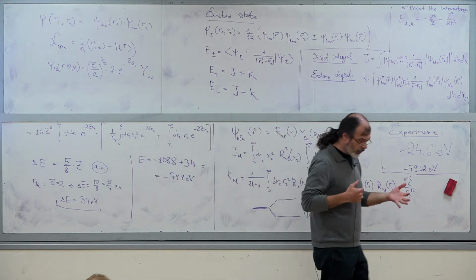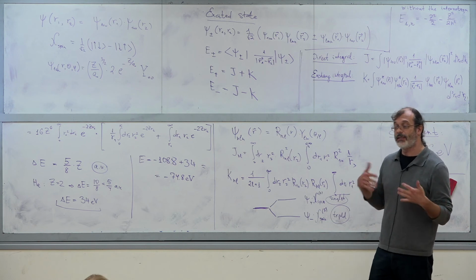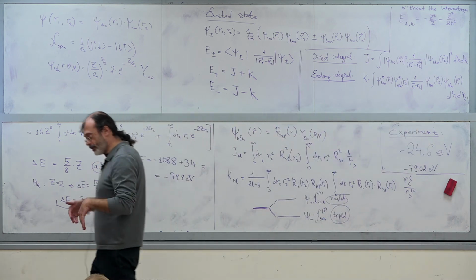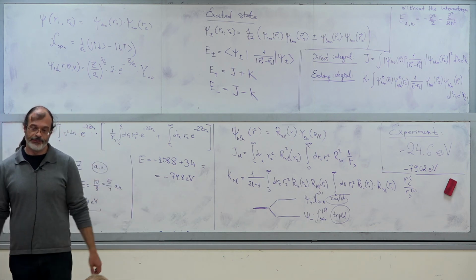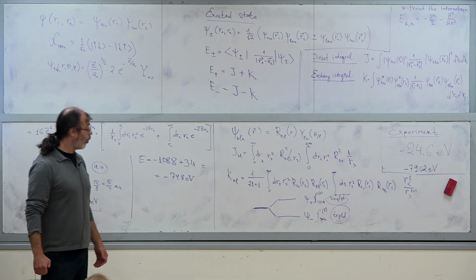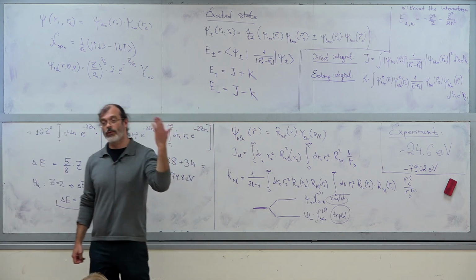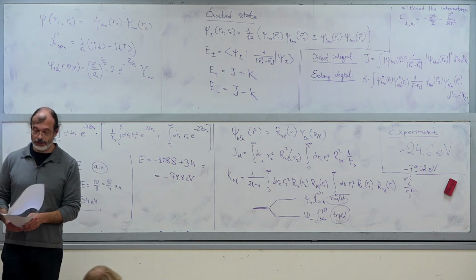One is orthohelium, one is parahelium, and this is the difference between the triplet state and the singlet state. So it's just different excitation energy levels of helium. One connects singlet states, the second one connects triplet states.